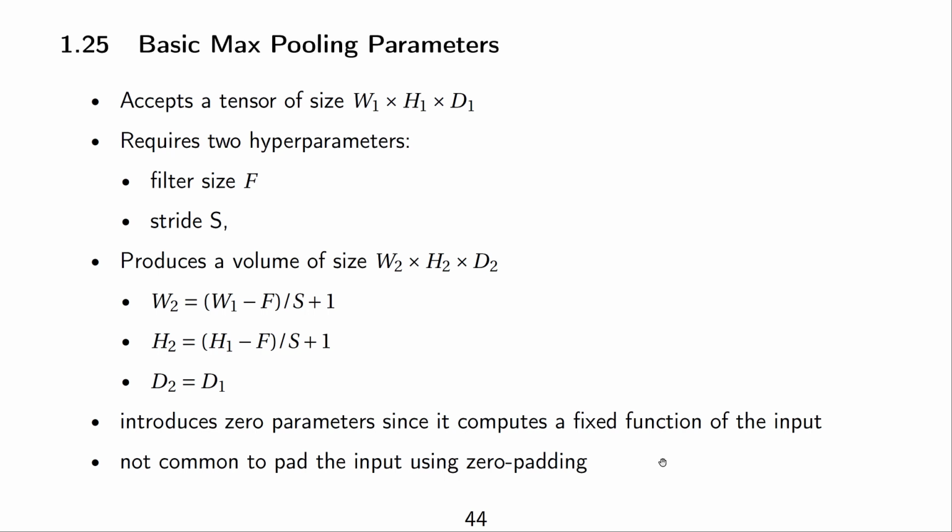It is not common to pad the input using zero padding. This is a layer in the network that has no parameters. So there are no learnable parameters here. It's a fixed function of the input.